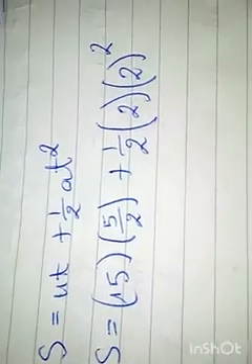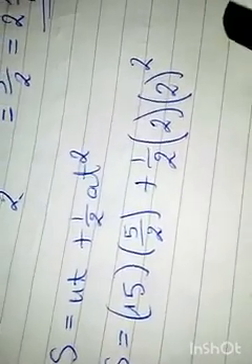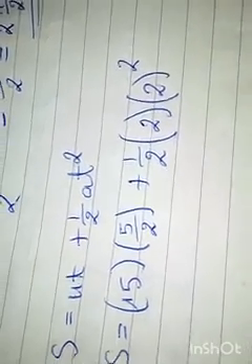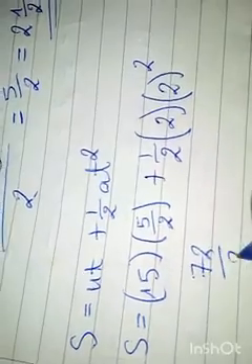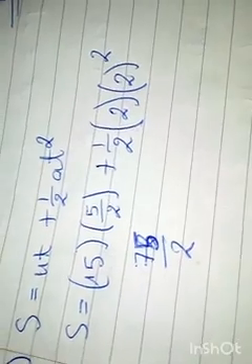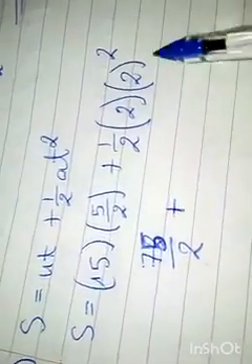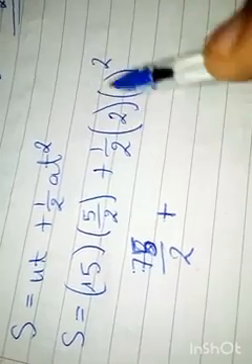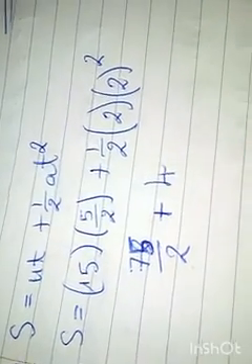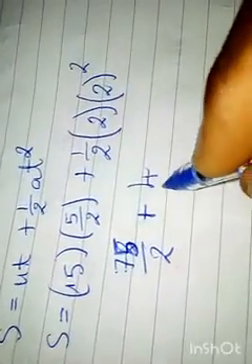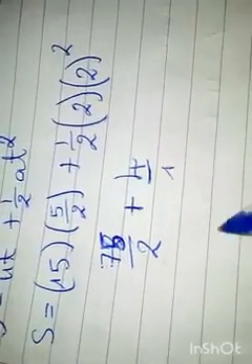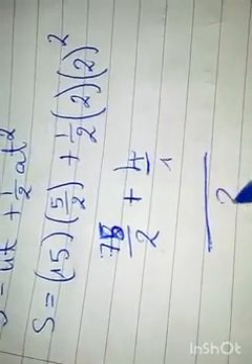Now 15 times 5 is 75 over 2, and 5 over 2 squared, 25 over 4, times 2, 8, and half of 8 is 4. Now you use your knowledge of fractions to solve this equation by using the LCM.